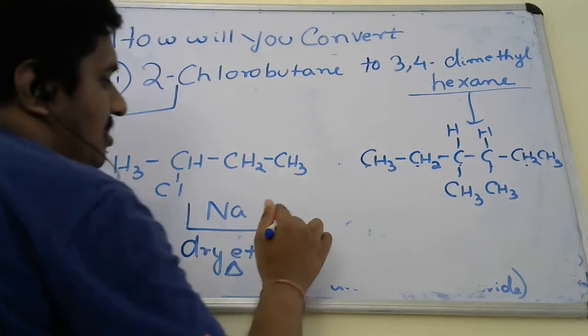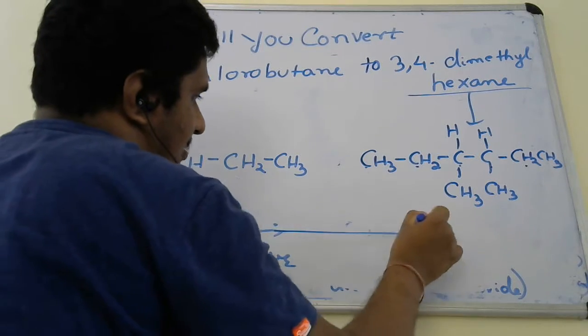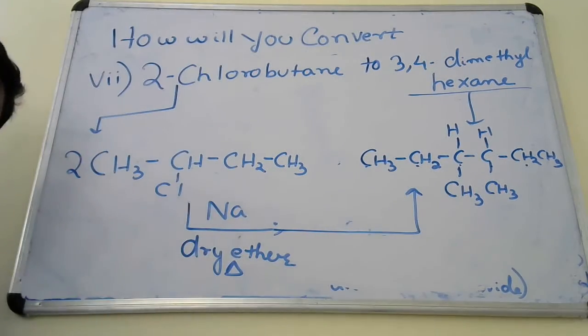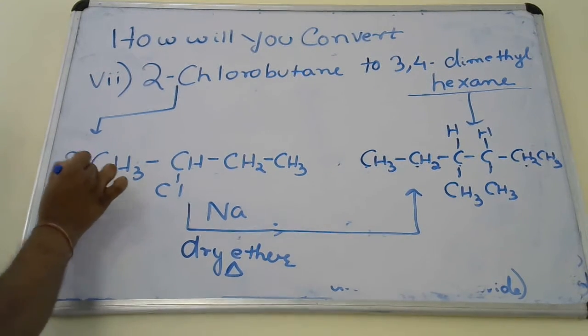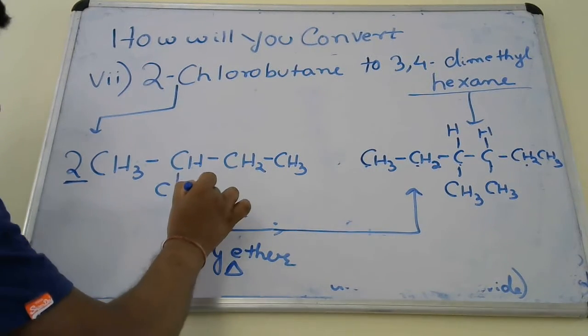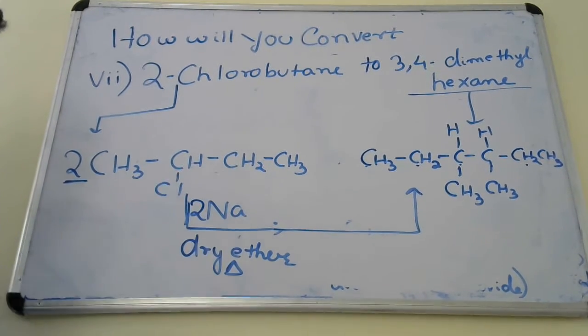And what you will get? You will get this product. And remember, when you are taking 2 molecules of a haloalkane, you have to take 2 sodium atoms also. So how is this reaction happening? This is actually a free radical reaction.